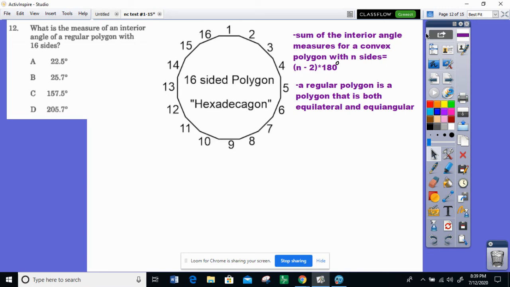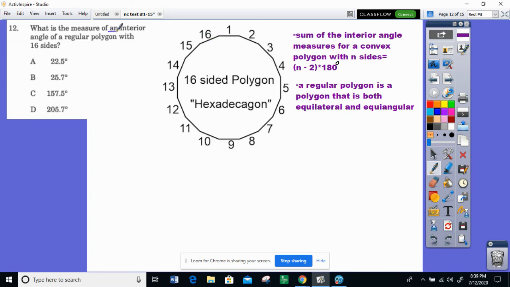We also know that a regular polygon is a polygon that is both equilateral and equiangular. So that means that all 16 of these sides are the same length, and therefore all 16 of the angle measures, if it's a regular polygon, are also congruent to each other.